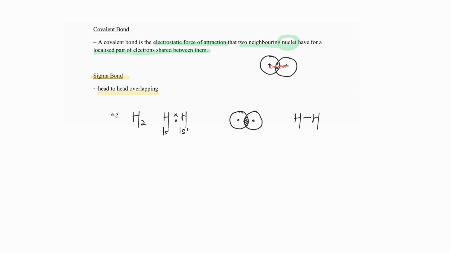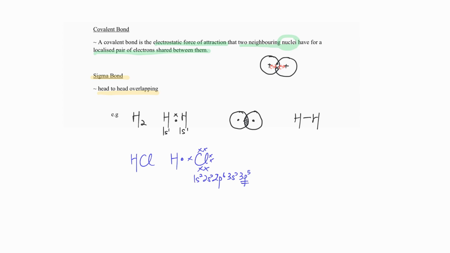We could have another example of sigma bond. Let's take HCl as an example. We have a sharing pair of electrons between the hydrogen atom and the chlorine atom. Let's go into the electronic configuration of chlorine, where we have 1s2, 2s2, 2p6, 3s2, and 3p5.